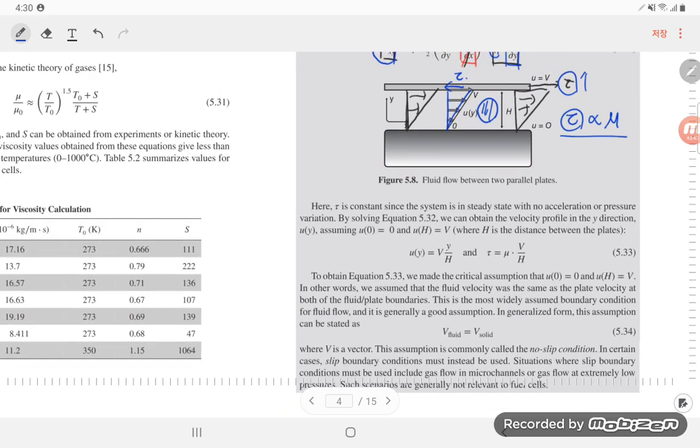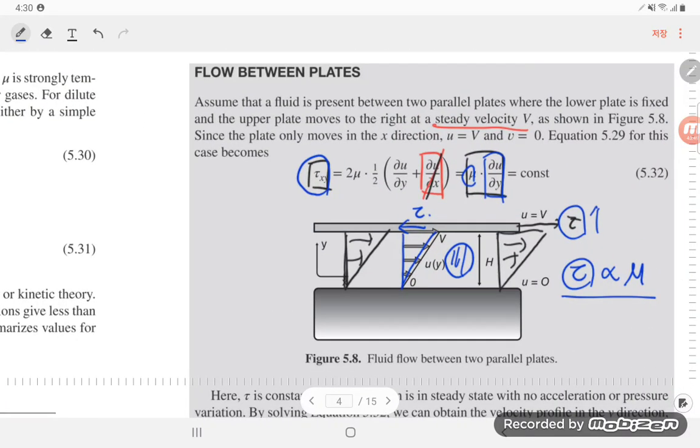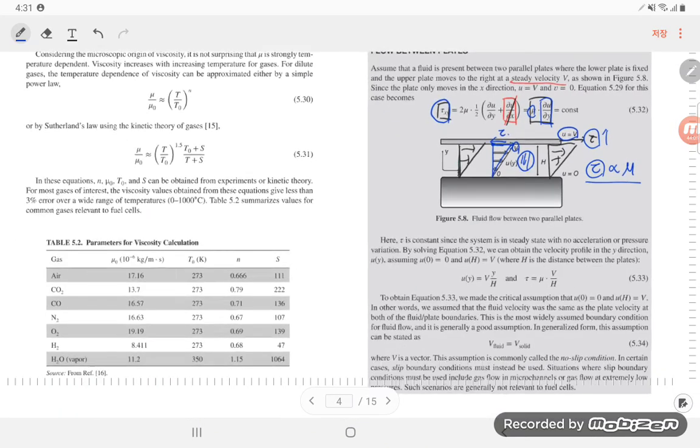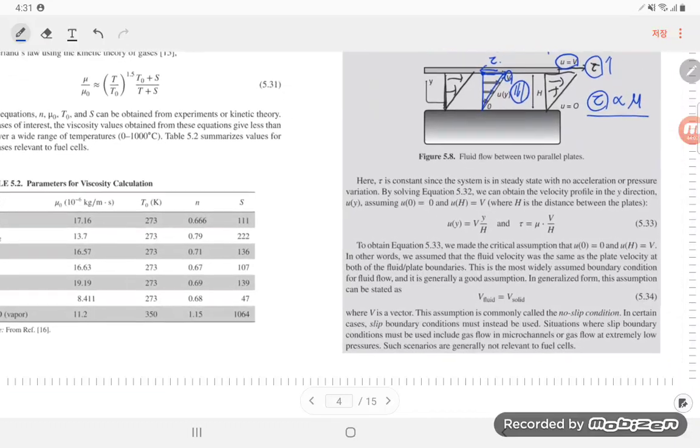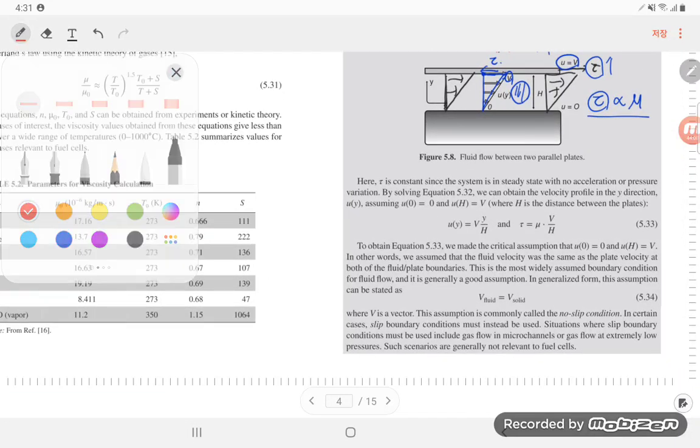And in here, there is a very important critical assumption to obtain this, because if the plate moves with a velocity v, then at the contact point, the fluid should also move with the velocity v. This is called the no slip condition. Okay, no slip condition.